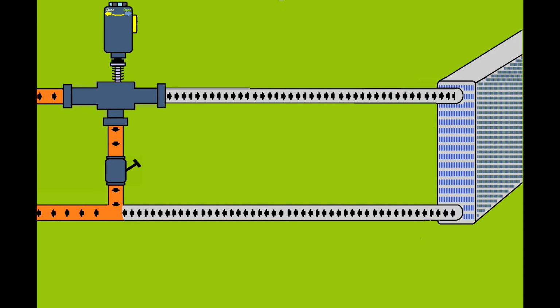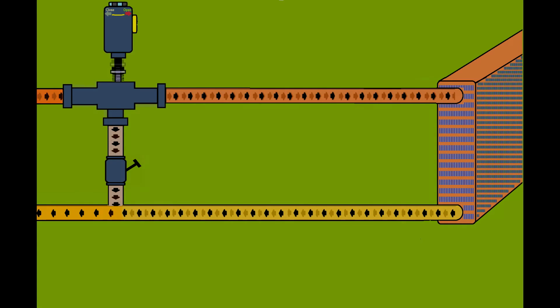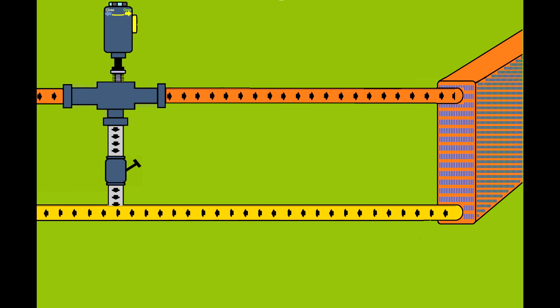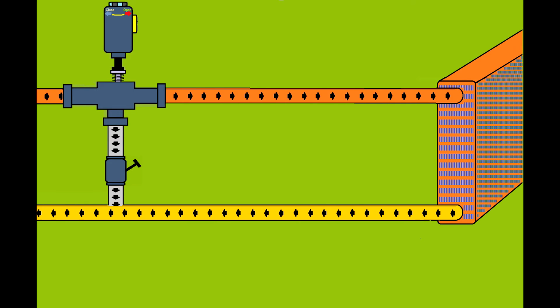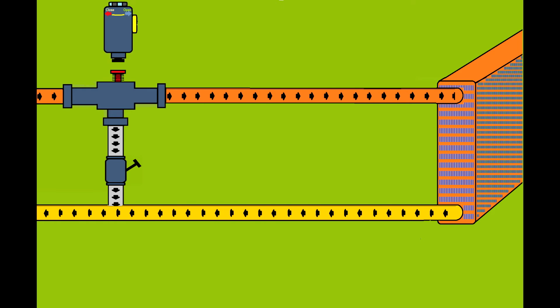I did this little game so you'll understand. This valve is 0 to 100%, so you can control the amount of heating agent passing by to the heat exchanger. This is used for temperature control.